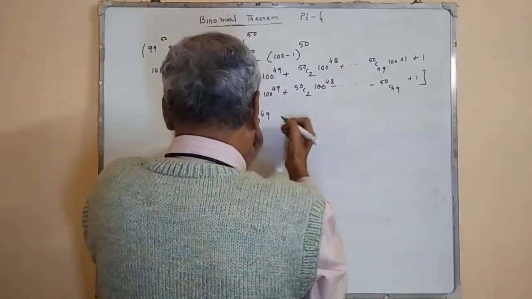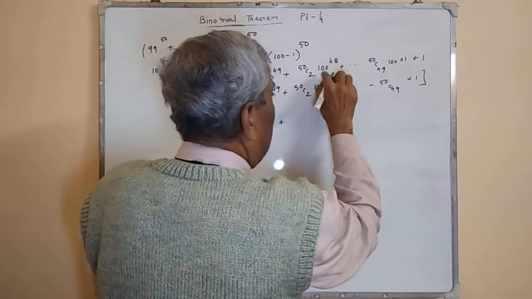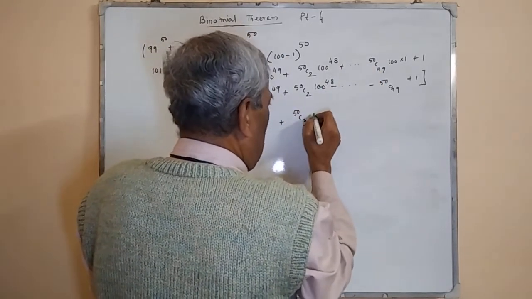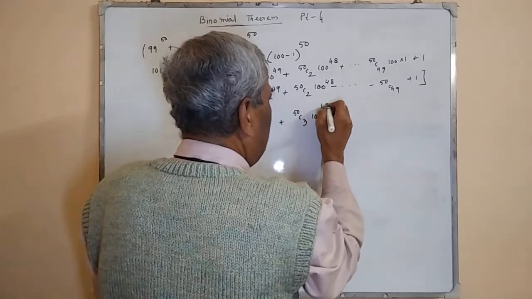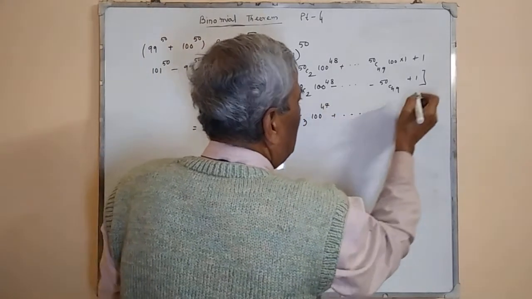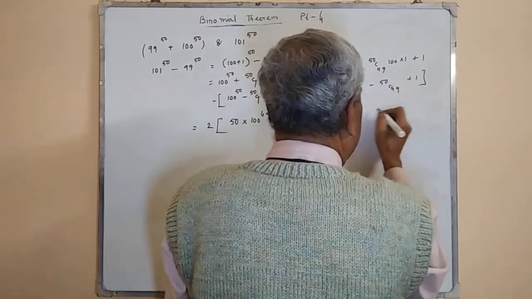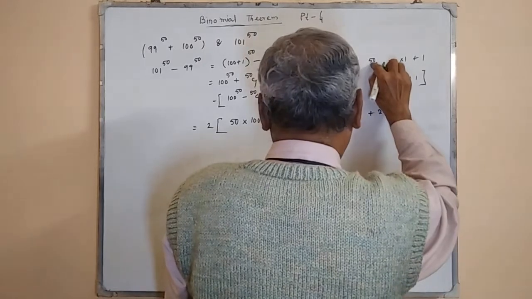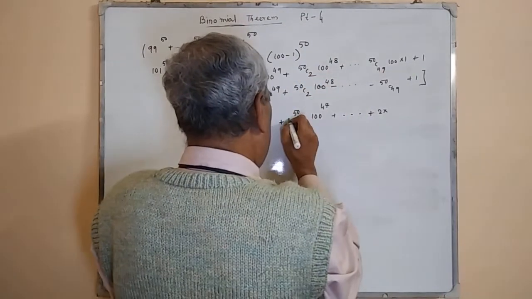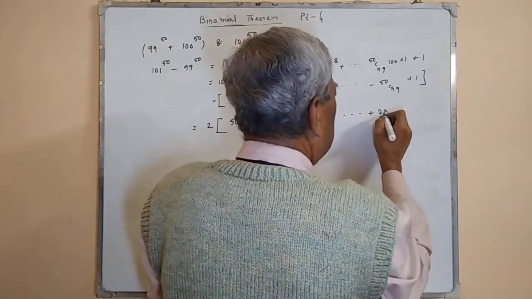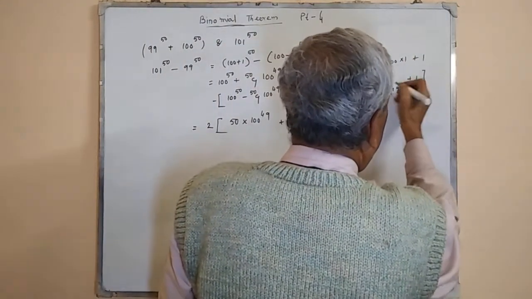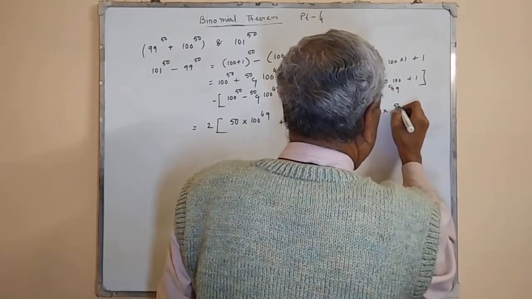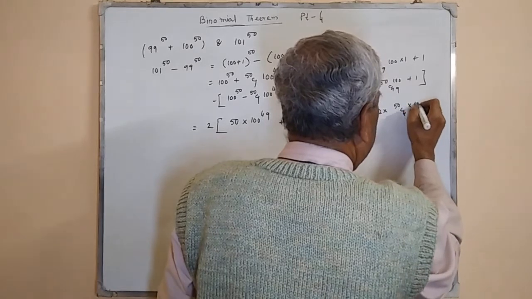Then after that, this is equal to plus. Next, the third term is 50C3 100 to the power 47. This way, this will be cancelled. The last term will be 2 into 50C49 into 100.